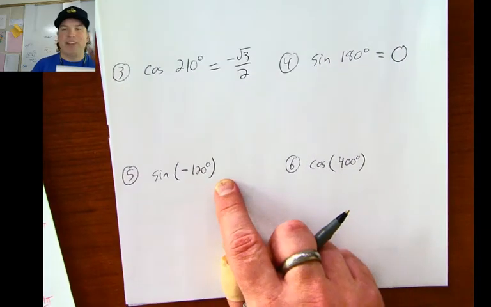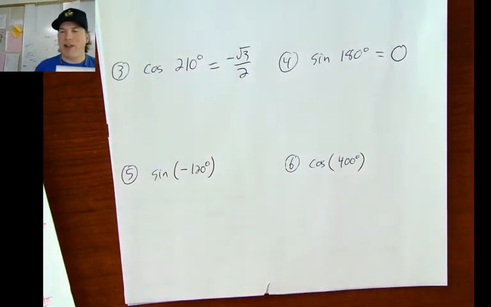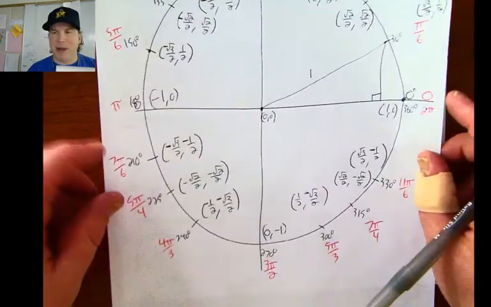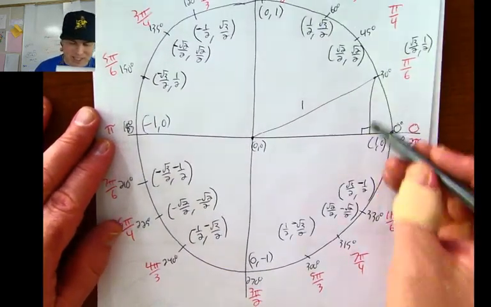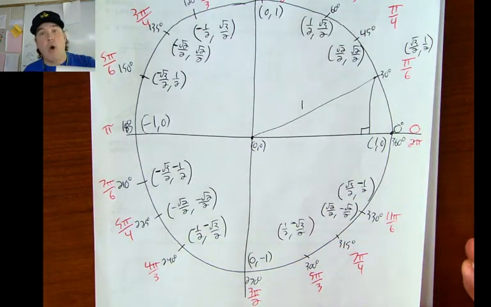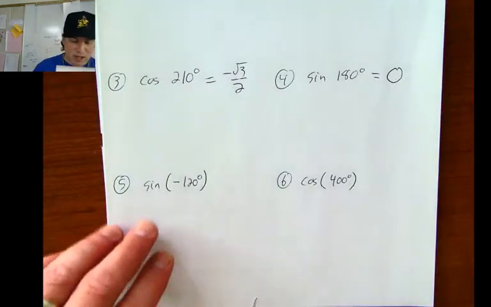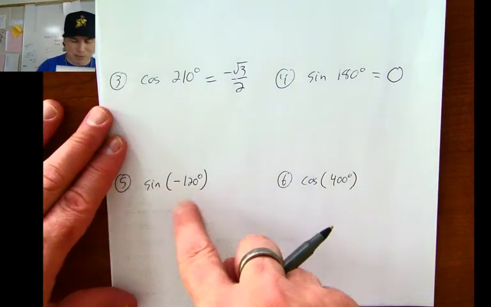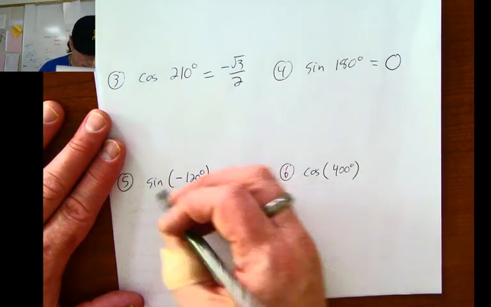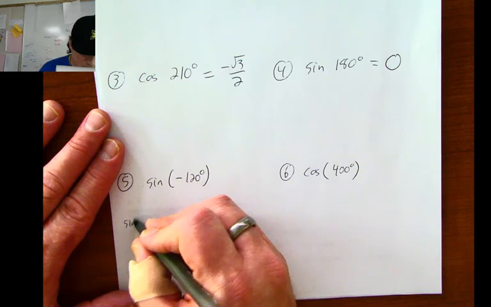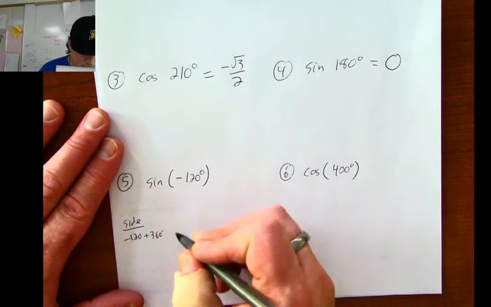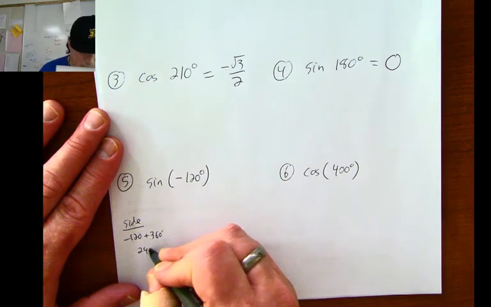All right. This brings in perfect vocabulary from the last couple days. Sine of negative 120 degrees. The problem is my unit circle here only works between 0 and positive 360 degrees. So let's use coterminal angles to find a coterminal angle that is within 0 and 360 degrees. On the side here, if I take negative 120 plus 360, that is positive 240.